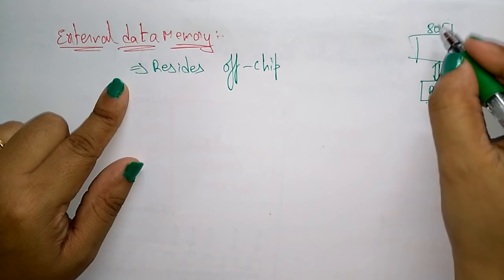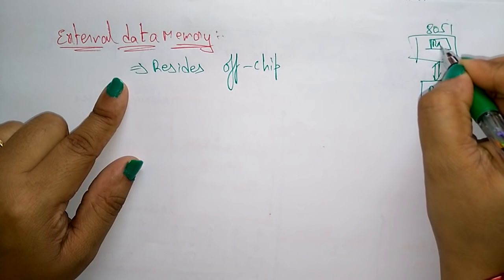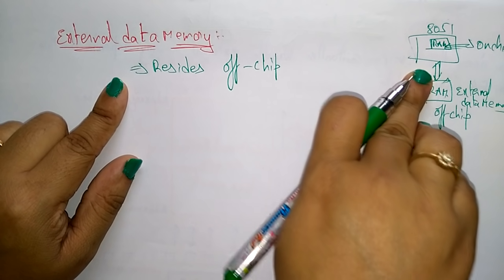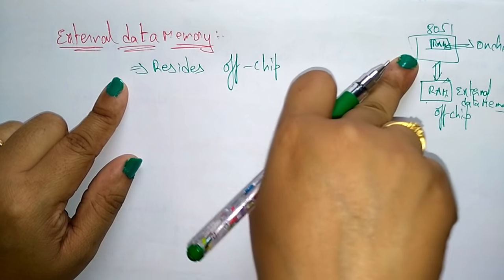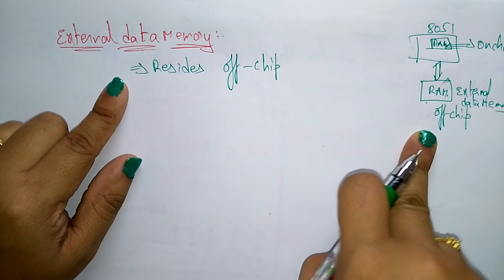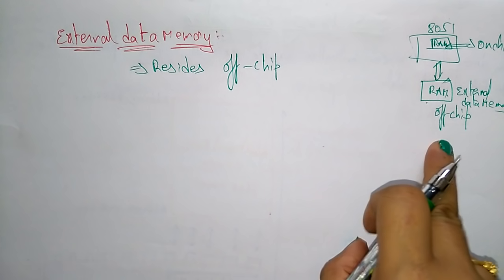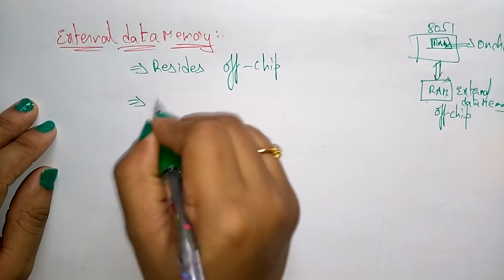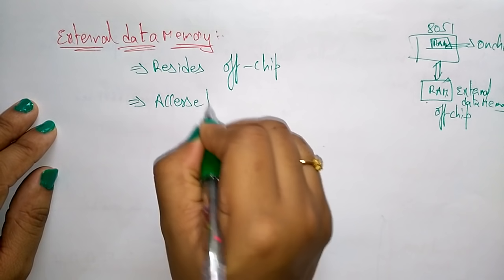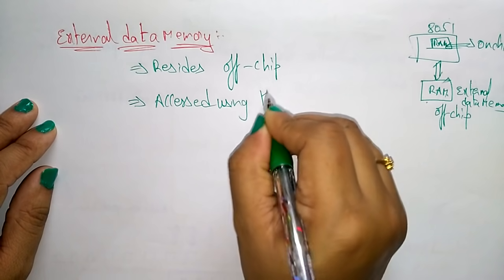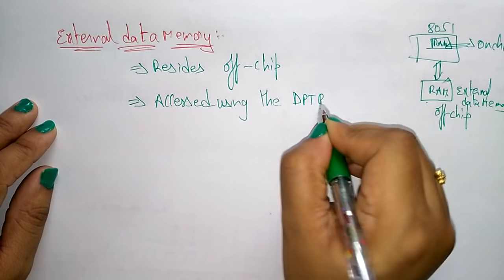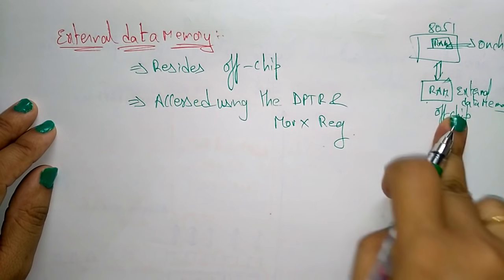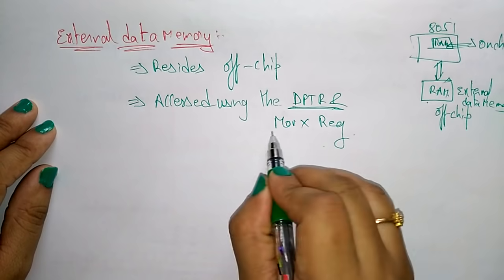And inside 8051 you are having the RAM. So this you call it as on chip. If it is present inside 8051, you call it as on chip, and outside the 8051 microcontroller, you call it as off chip. This resides off chip, and it is accessed using the data pointer and MOVX register. So we can access this RAM by using the data pointer and MOVX register.